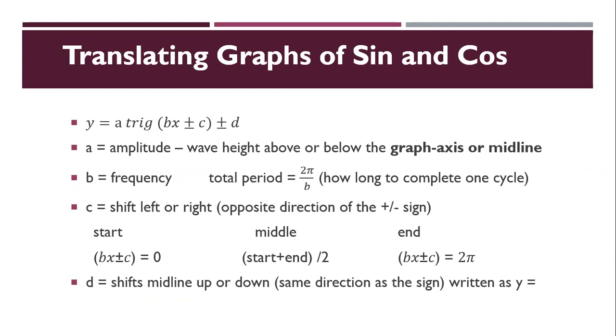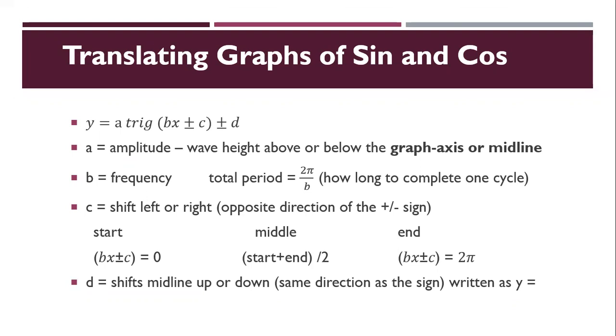So a negative amplitude is going to flip our sine and cosine waves upside down. The amplitude also gives us the wave height. Not really the slope, but you can kind of understand how it would change the shape of it. The higher the wave, the more stretched out your sine wave is. And the amplitude is the height above or below the graph axis or the midline.